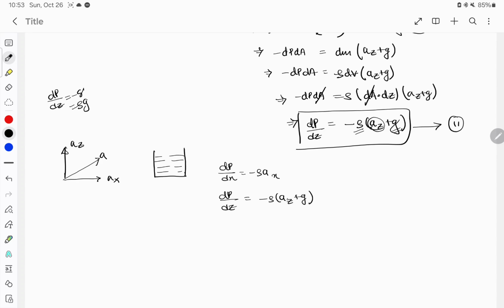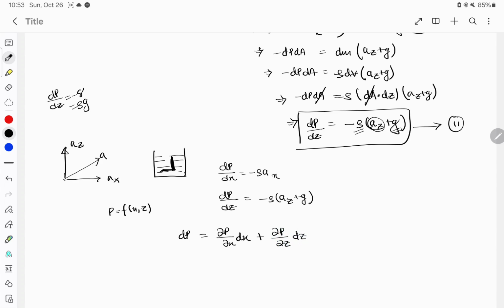Okay, combining the two we'll get dp is equal to the change of pressure, both in the x direction as well as in the z direction. As we know, if pressure is a function of both x and z, then we can write dp is equal to dou p by dou x into dx plus dou p by dou z into dz.